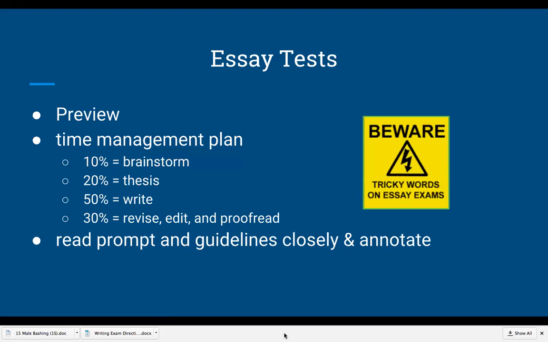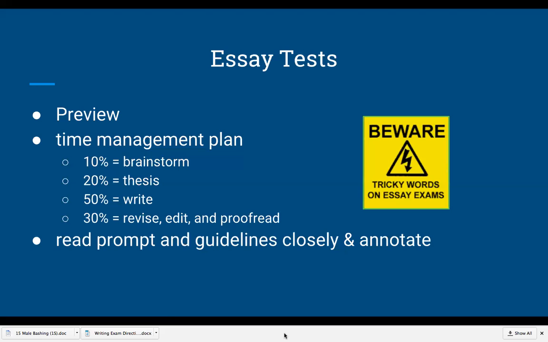And then we go to writing, and writing should say 40%. And if you notice, that 40% is so close to the 30% of revising and editing and 20% of thesis. This is because the writing portion does not make up 80 or 90% of your score. Your score has something to do with all of these different parts. If you don't have an organized essay, so you didn't brainstorm and create an outline for how you're going to respond, and it becomes disorganized, you're going to lose points.